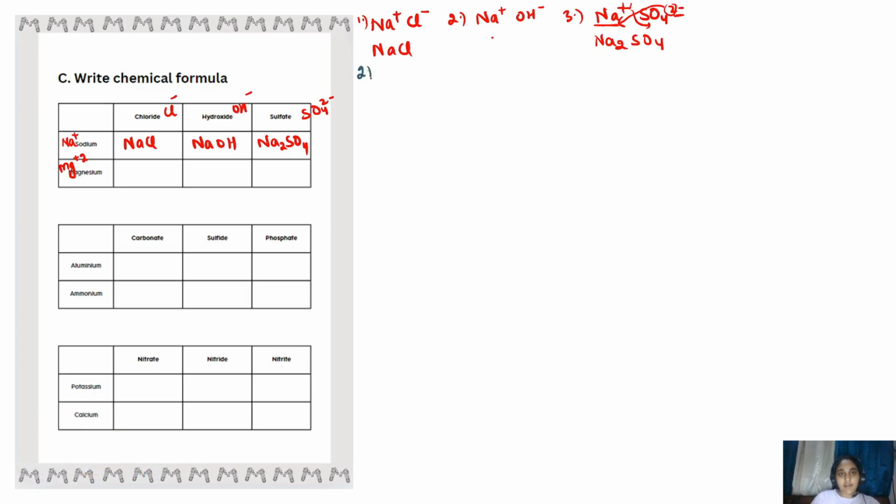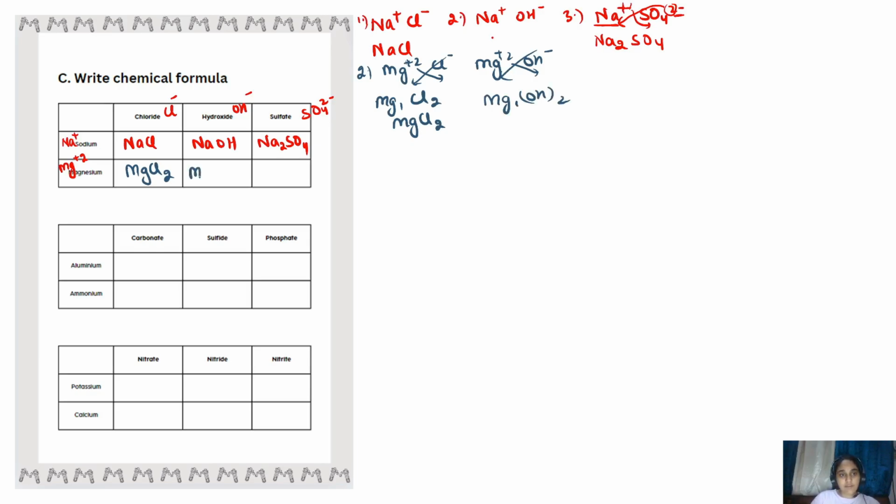Okay, so let's take another example, magnesium chloride. Magnesium is Mg 2 plus and chloride is Cl negative. How to write this? This goes here and 1 goes here, Mg1 Cl2. So basically MgCl2. Second is magnesium hydroxide, OH negative. Similarly 2 goes here, 1 goes here, so Mg1 (OH)2.